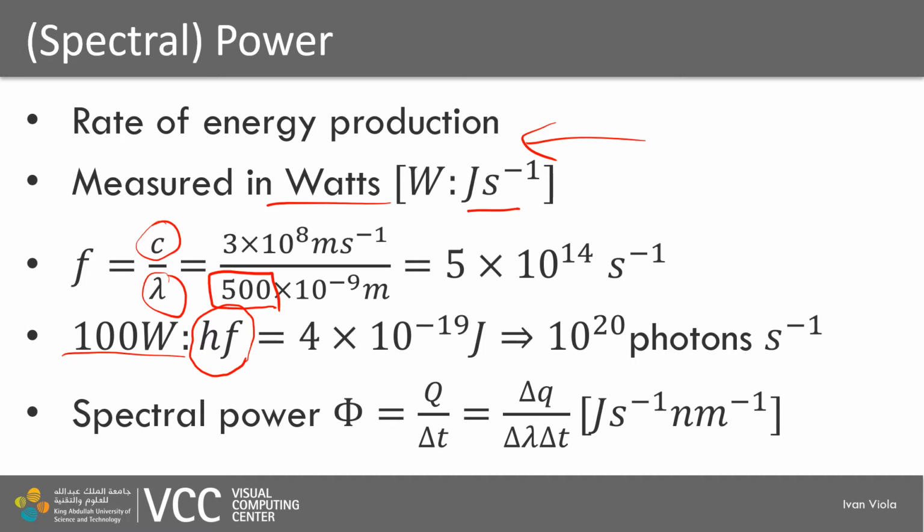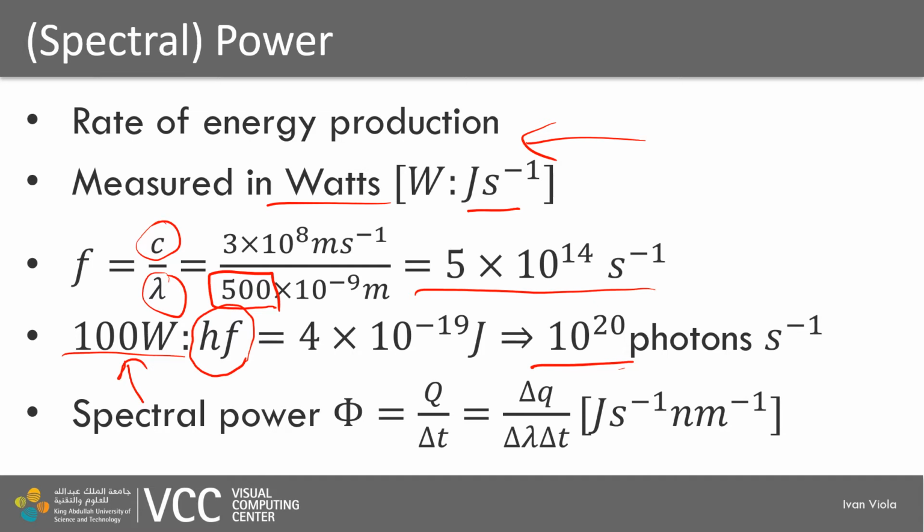If we perform this division, we find that the frequency is very high, and multiplying with Planck's constant, we realize that in order to have 100 watts, we will need something like 10 to the power of 20 photons per second to be emitted from such a light bulb. This is an enormous number of photons which have to be emitted from a light bulb every second.